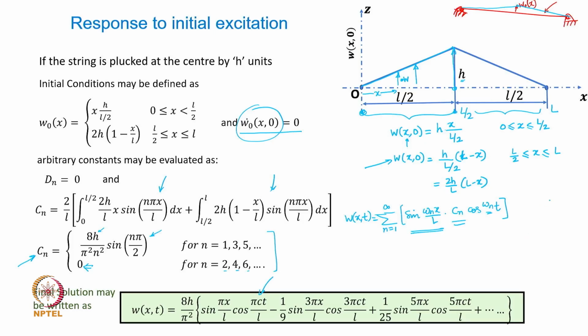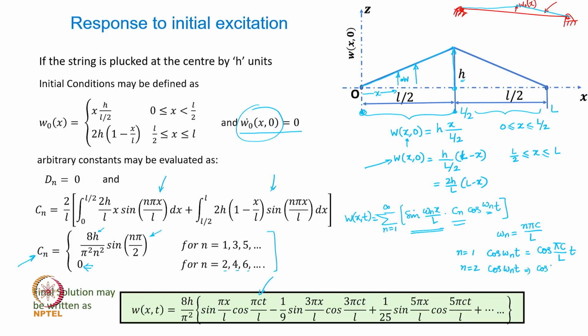Now let's look at this omega n expression that we had derived. Omega n was derived as n pi c over L, and for the first term n is equal to 1, so it is going to be pi c by L. So cos omega n t for n equal to 1 becomes cos of pi c by L into t, right?